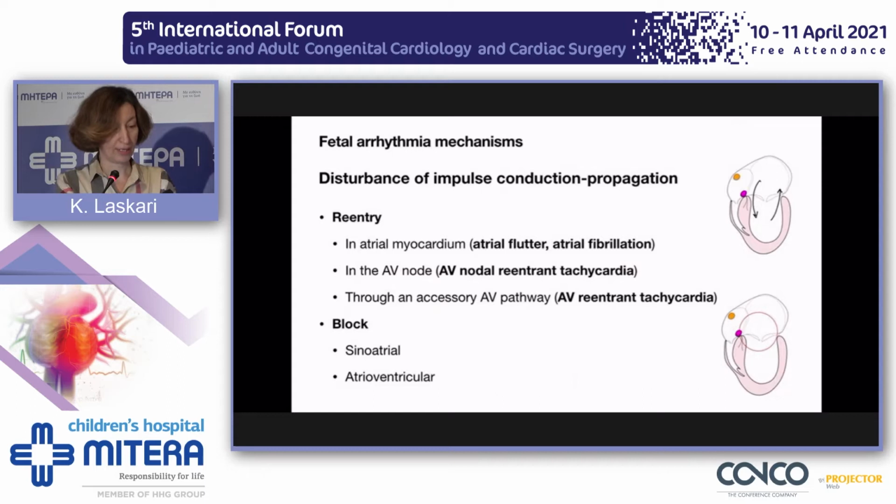Two major types are re-entry, like in atrial myocardium, such as atrial flutter or atrial fibrillation, in the AV node, like AV nodal reentrant tachycardia, and through an accessory atrioventricular pathway, such as in atrioventricular reentrant tachycardia. Also, there may be blocks such as sinoatrial and atrioventricular blocks.